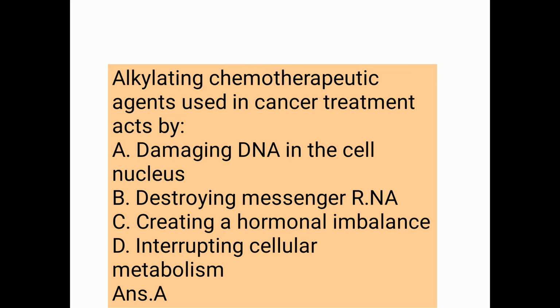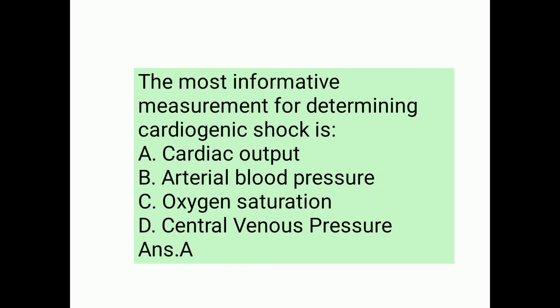Next question. Alkylating chemotherapeutic agents used in cancer treatment act by? Options are: damaging DNA in the cell nucleus, destroying messenger RNA, creating a hormonal imbalance, interrupting cellular metabolism. Correct answer is option A, damaging DNA in the cell nucleus.